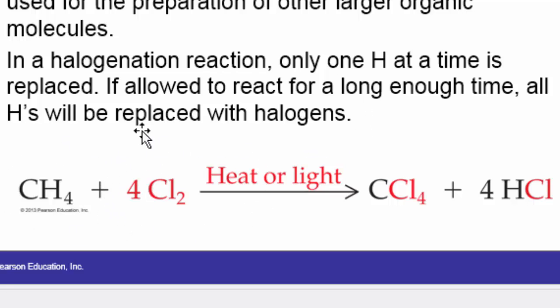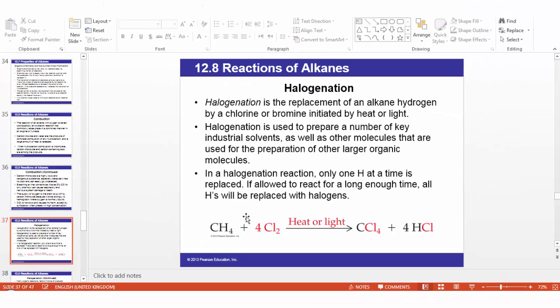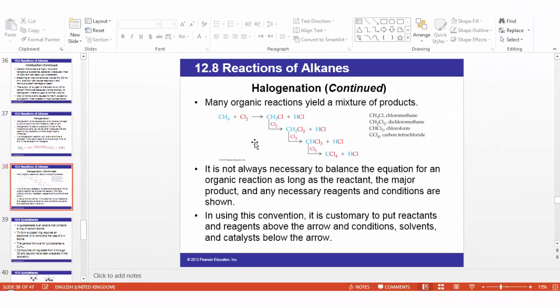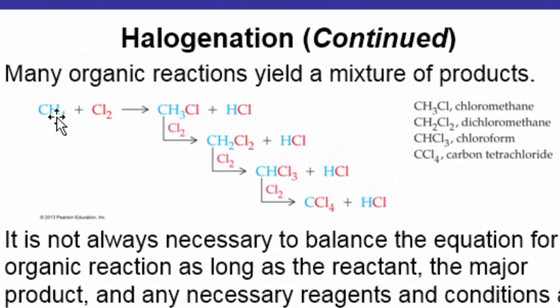So it depends on the presence of chlorine. If we look here at halogenation, one hydrogen is replaced, then the second hydrogen, then the third hydrogen, then the fourth hydrogen. And all these are produced as a mixture of products.